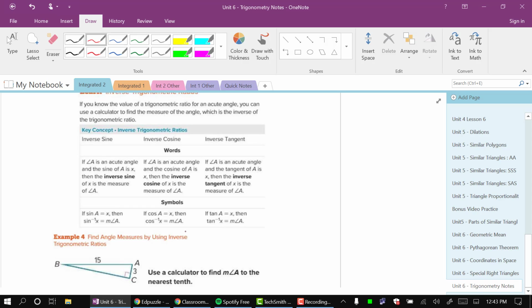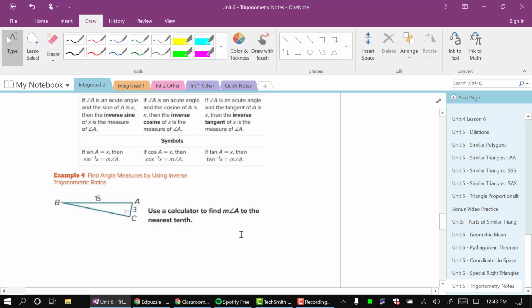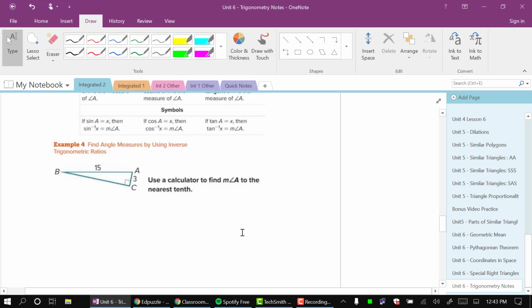Let's go ahead and try this out on a problem. Find the measure of angle A using a calculator to the nearest tenth. So A is right here. We have 3 and we have 15. We know 15 is our hypotenuse, 3 is going to be adjacent. So we're going to use cosine.